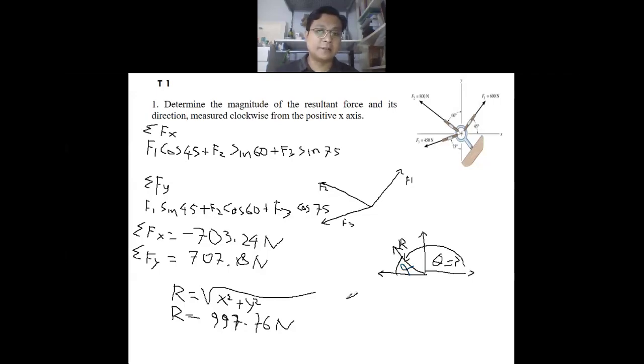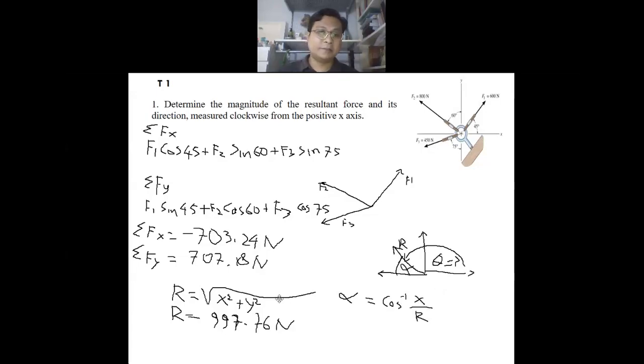The alpha we can calculate by inverse sine of x over r.